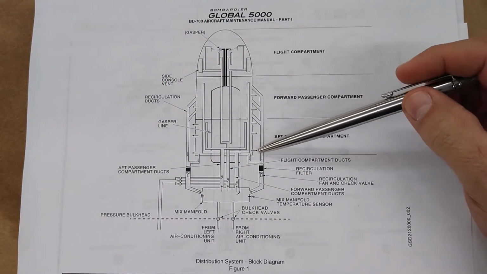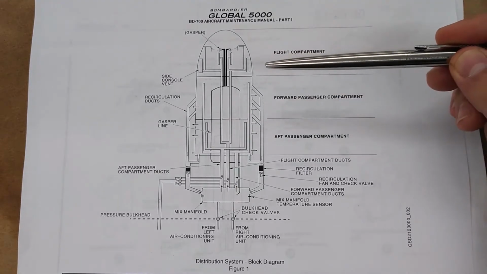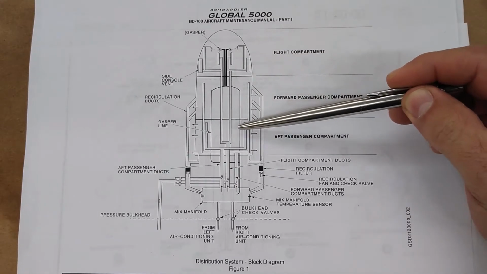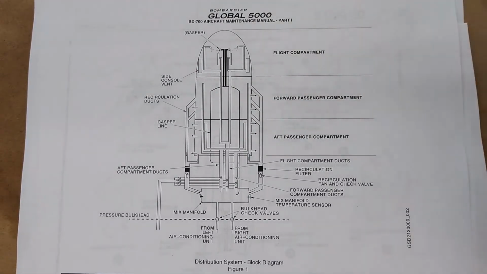Obviously, there's a limit to how much air you can pump in here. You have to let some of it out. And this is where we get into the pressurization system. In the beginning, I mentioned that the air conditioning system is related to the pressurization system of the aircraft. This is the part that relates to that.